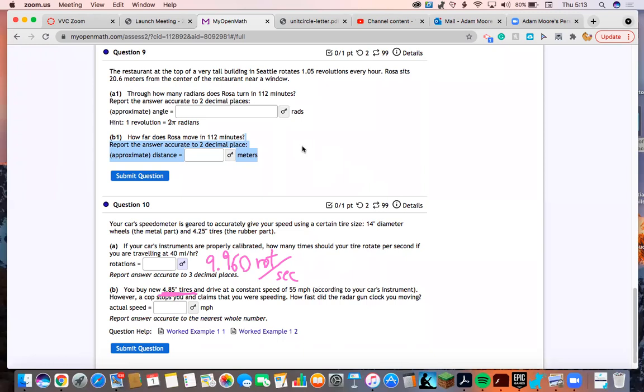Okay, so for starters, this is kind of a two-phase deal. First off, we know you are claiming to be going 55 miles per hour, at least your instrument is claiming that. And 55 miles per hour means 55 miles in 1 hour. Like on the last problem, we could do a bunch of conversions until we know how many rotations that is per second.